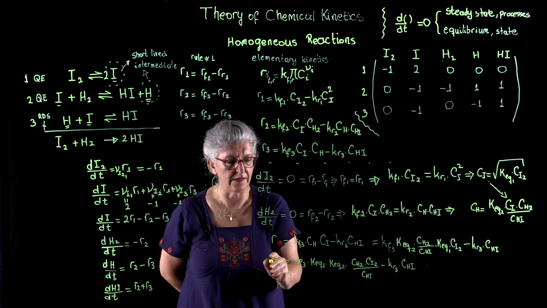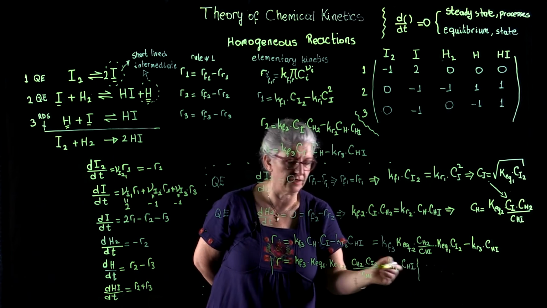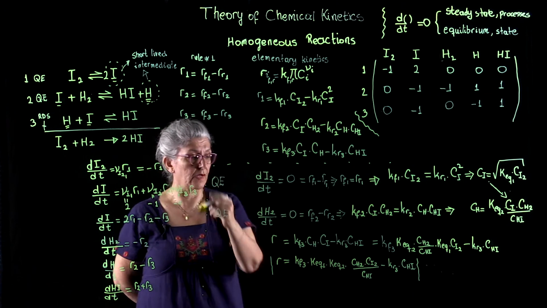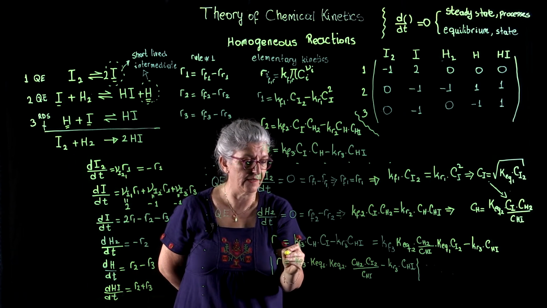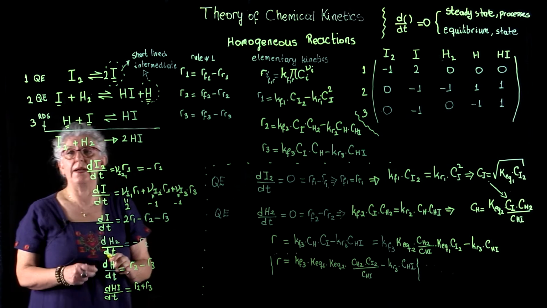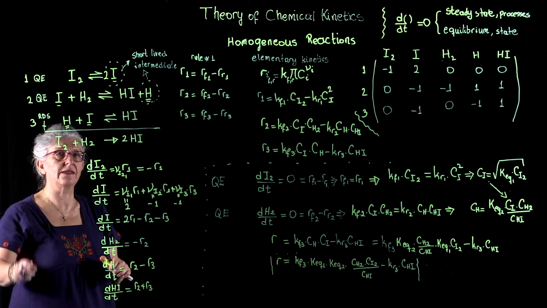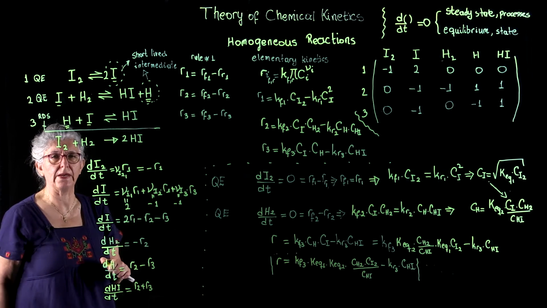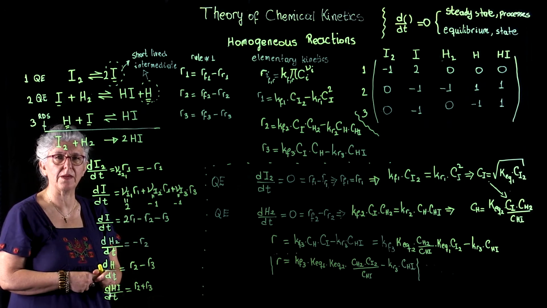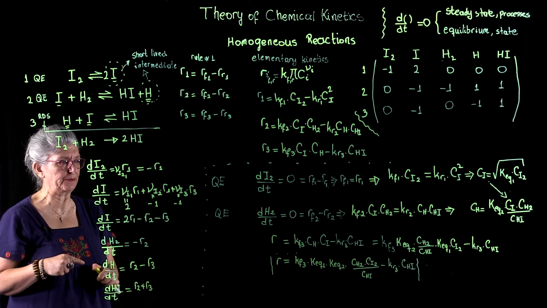So we have derived a rate for this reaction network where we have taken some of the steps as equilibrated, and we have taken step number 3 as the rate determining step or kinetically relevant step.